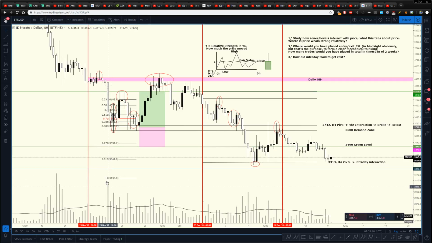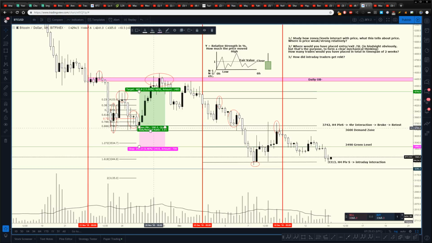So we saw this was a very strong reaction, and this was a very weak reaction for the bulls. Then we saw the downward pressure and the demand zone, so based on that we took an entry on the level that was predetermined. Also the candle closes here, and we took the entry.